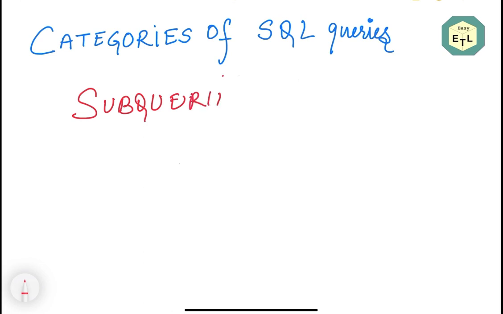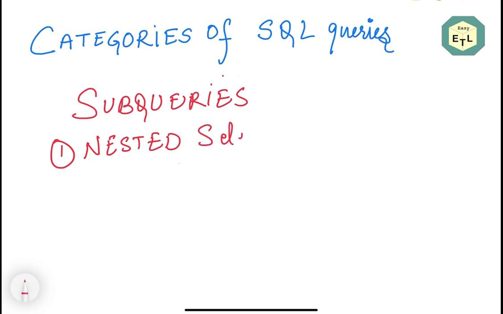So in SQL subqueries, the first one we have is nested select. That is a select statement inside a select statement. Nested select. It uses a select statement within another select statement, right?